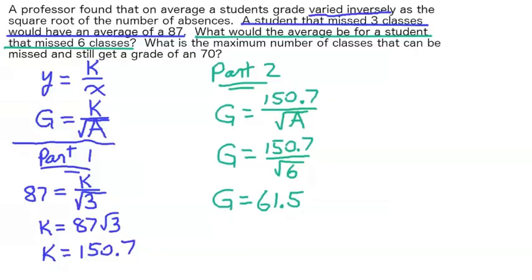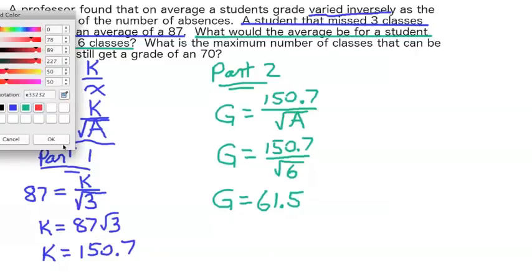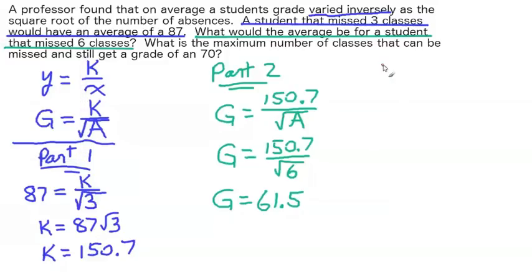Alright, last part. Red sounds good. So in this, it actually has a part 3, but it's basically the same as part 2. We're going to use the formula set up and plug in what we know.